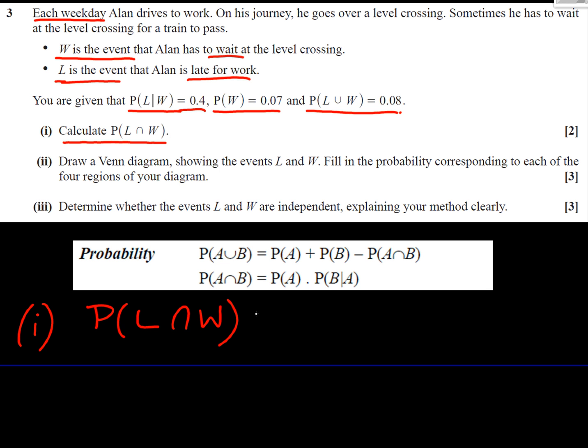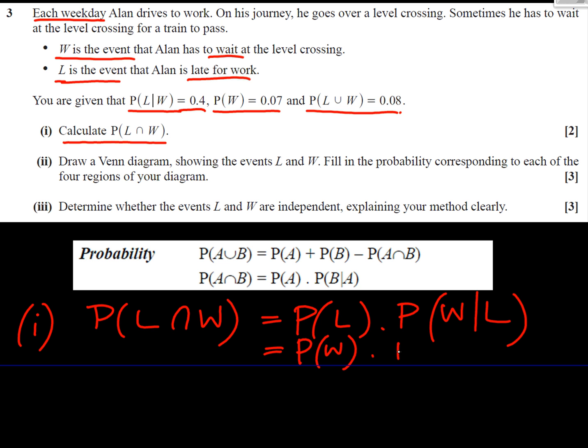So what they asked us to do is calculate the probability of L intersect W. Well, looking at our second formula there, which matches what we're interested in, that would be the probability of L times the probability of W given L, or we can turn it the other way around and do the probability of W times the probability of L given W. So those are the two interpretations you can use, and we're going to pick the second one.